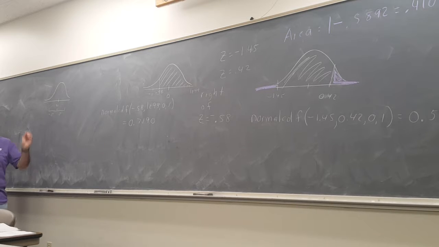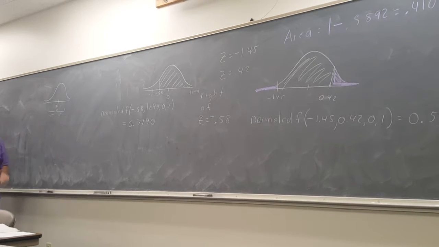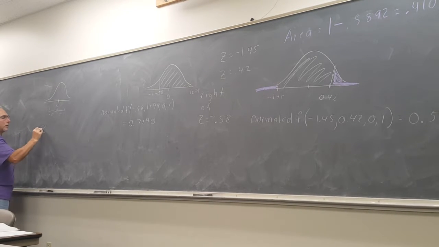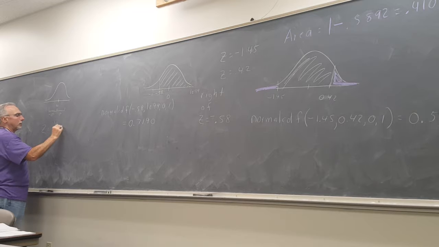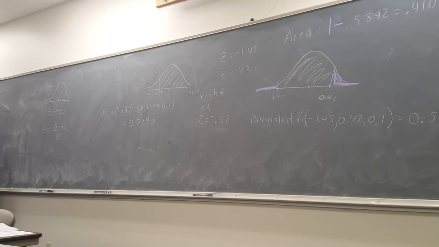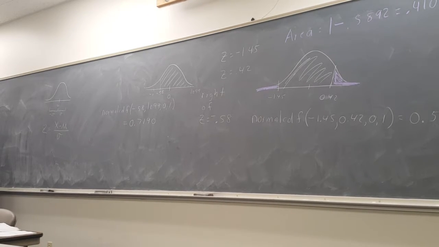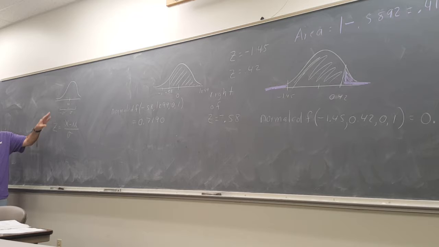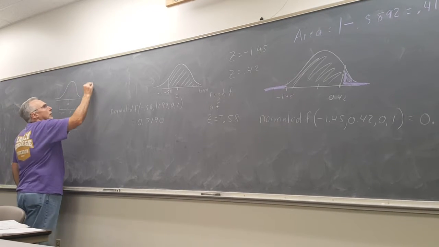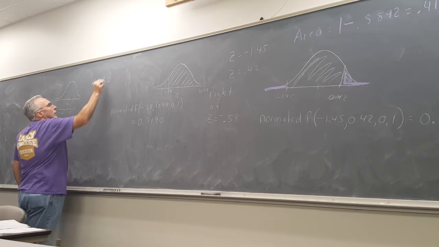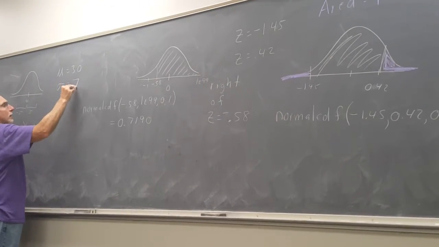But if we wanna convert it to a standard normal curve, remember the z-score, you take whatever value you're talking, your x value, minus the mean over sigma. That ring a bell? So if you get a problem and it's not given to be standard normal, let's pretend your mean was 30 and your standard deviation was 7.